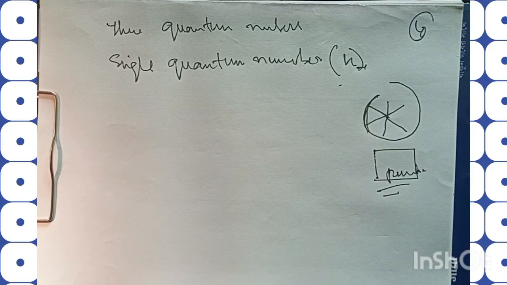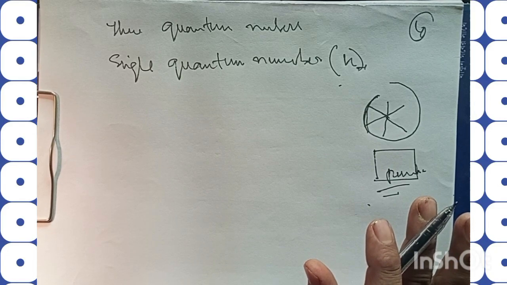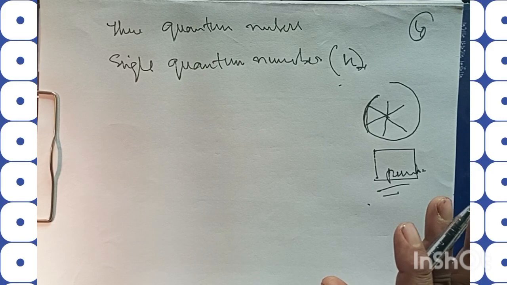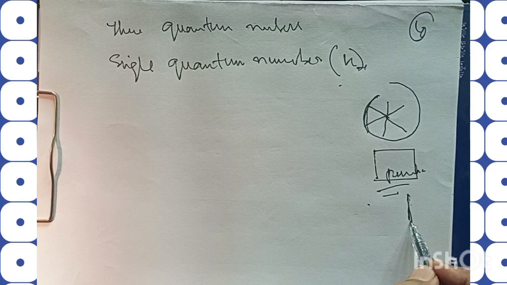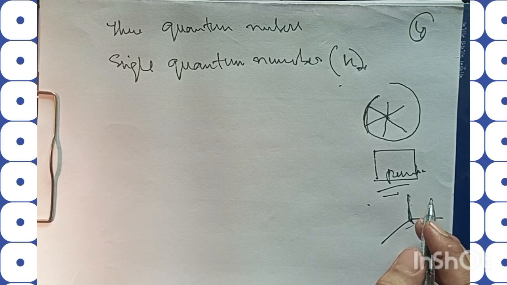Now, a particle in a three-dimensional box, which we have already discussed in terms of Cartesian coordinates, certainly needs three quantum numbers for its description. Why? Because now there are three sets of boundary conditions for the particle. You have the wall along x, along y, and along z.